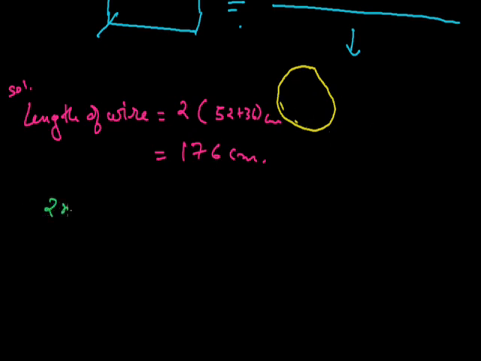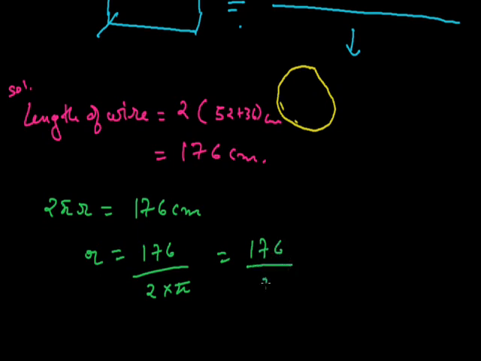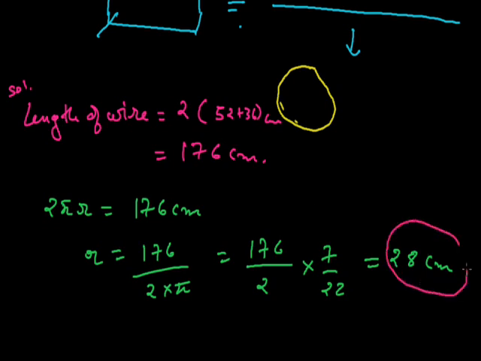So 2 pi r is equal to 176 centimeter, and we can first find the value of r. We can write r as 176 upon 2 into pi, so it will be 176 upon 2 into 7 upon 22, that is the reciprocal of pi. That comes out to be 28 centimeter. So the radius of the circle formed by the wire is 28 centimeter.